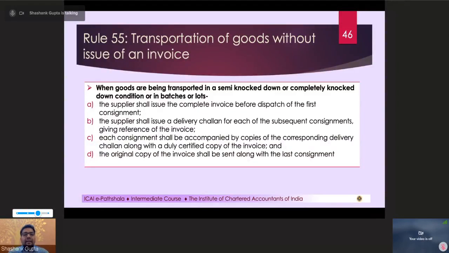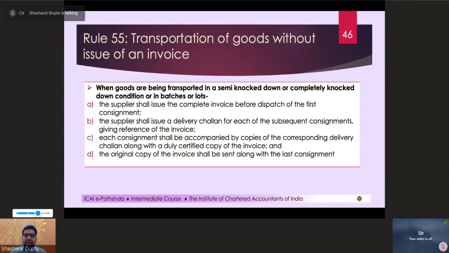So what would be the cases where transportation of goods can be done without issuance of invoice? When goods are being transported in a semi-knockdown or completely knockdown condition. Now friends, some goods are impossible to transfer as they are. For example, lifts which are installed in a high-rise building.